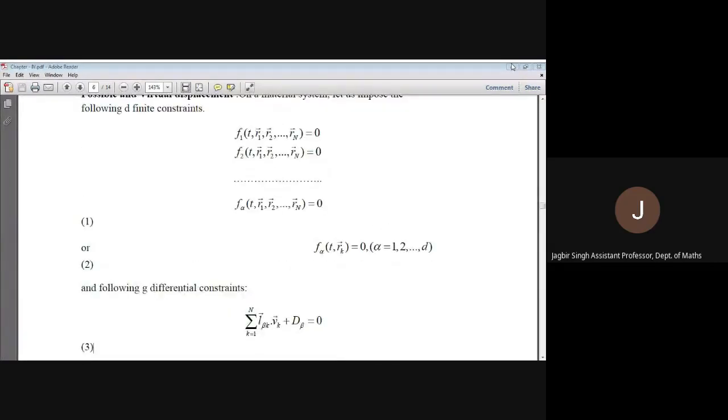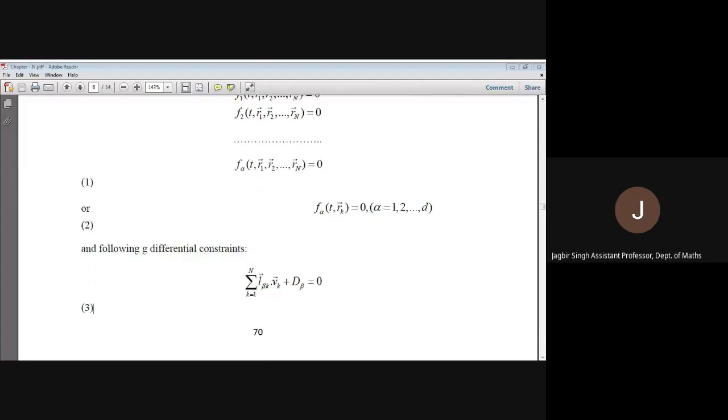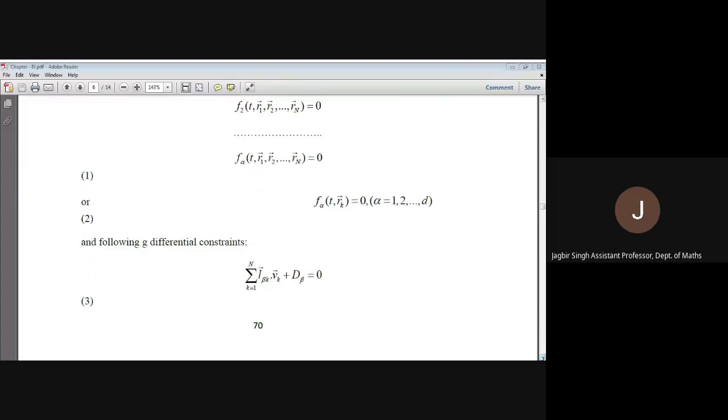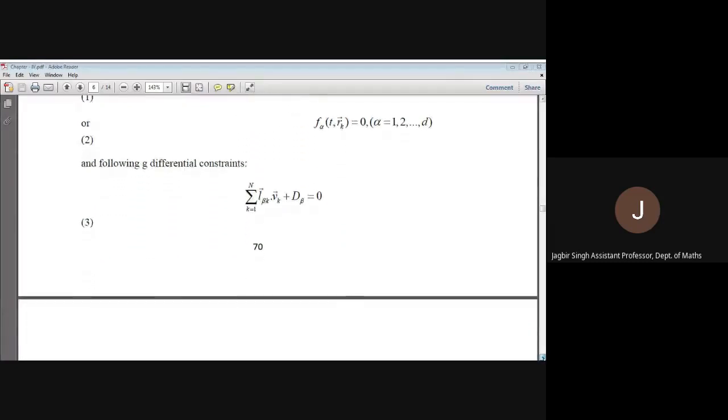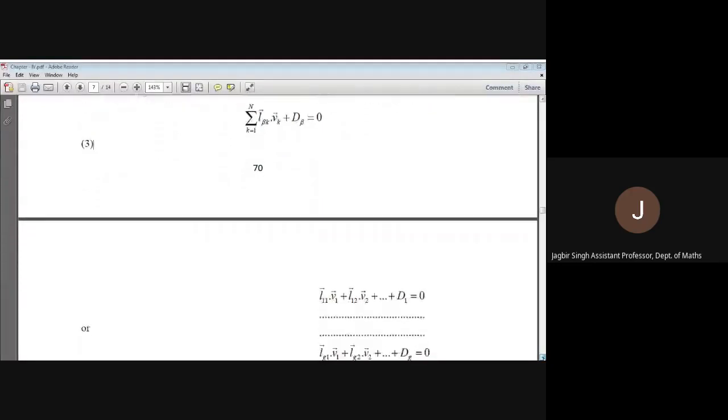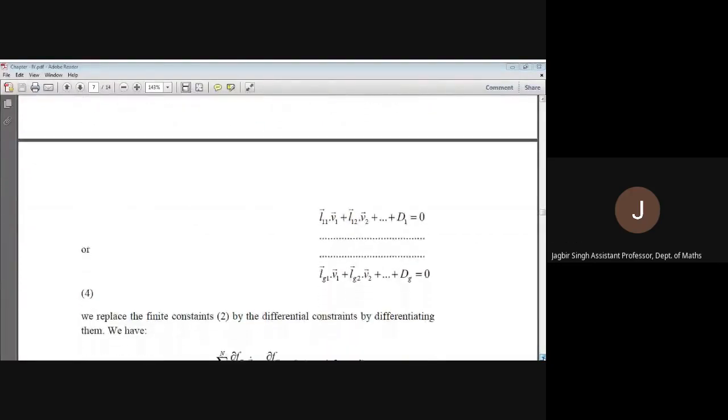Now, solving these d plus g equations, what we did, first differentiate the finite constraints. So these are the differential constraints.